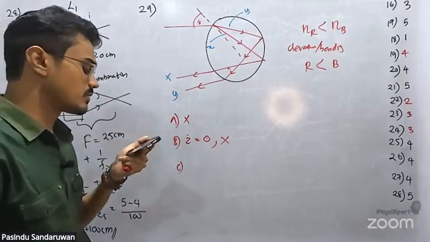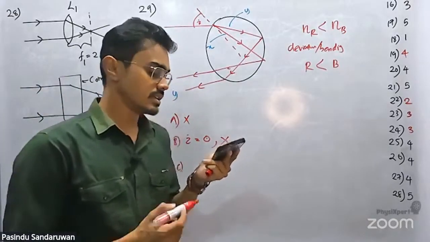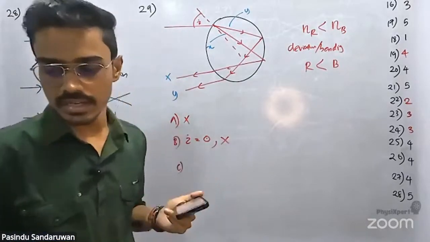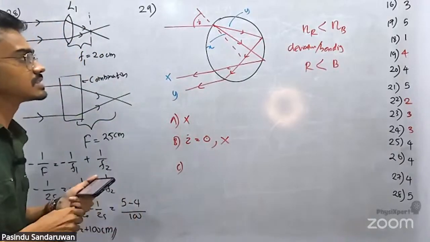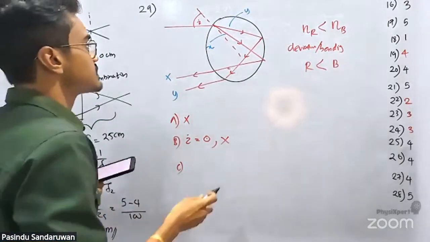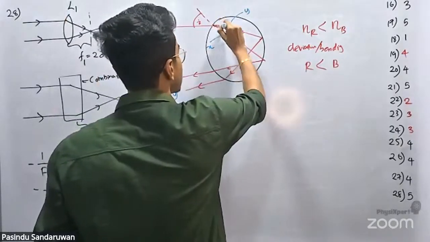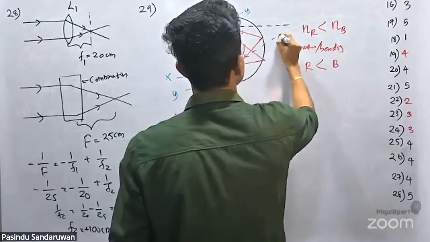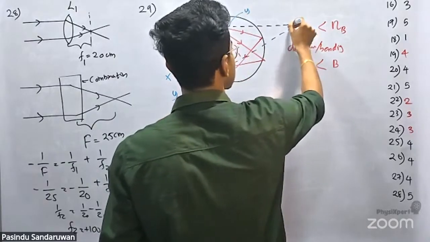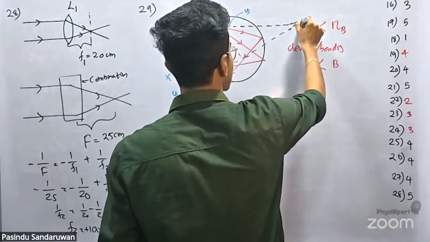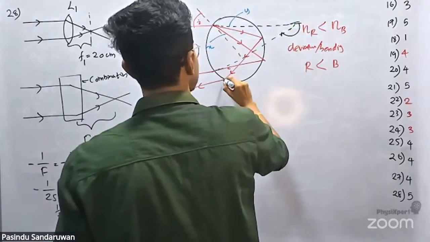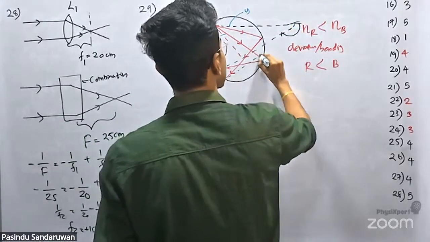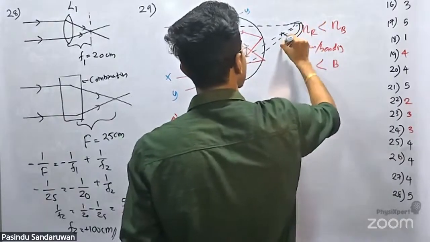The deviation of X is greater than the deviation of Y. That is about total deviation. Total deviation is measured between the original direction and the final direction. This is the original direction and this is the final direction. The deviation of X goes from the original direction to here, and for Y it is only up to here.